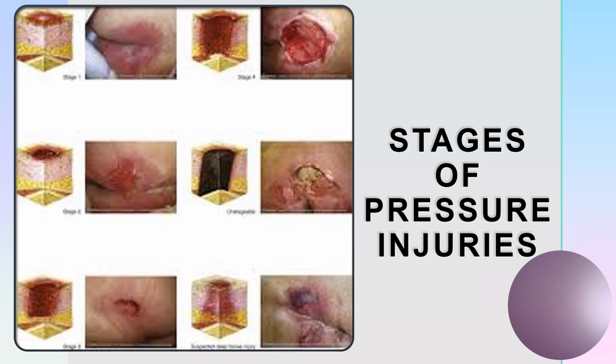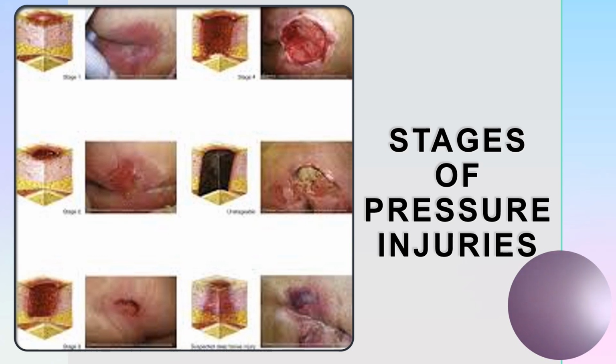But it involves damage to the dermis and the subcutaneous tissue, but we have over 50% granulation tissue, meaning we can have other types of tissue involved, but we have to have at least 50% granulation tissue. It's going to be a lot deeper, so it's going to be more of a crater, and it's going to have a distinct outer margin to it.